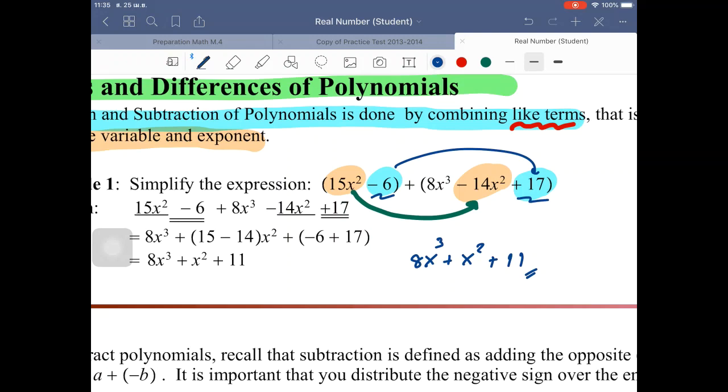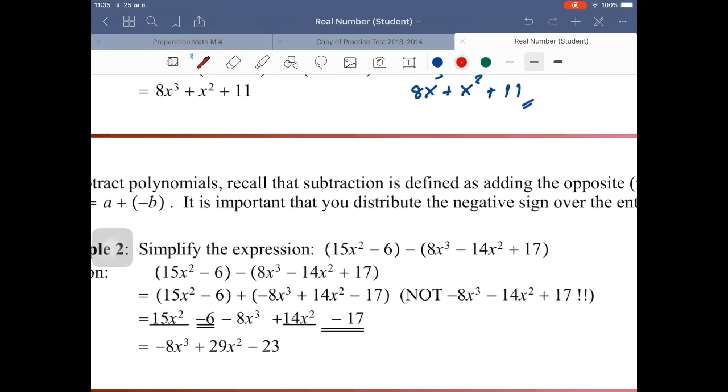So the answer will be 8x cubed plus x squared plus 11. But don't forget the positive or negative sign. If the sign is negative, you have to expand the negative sign into the bracket first before you operate the polynomials.